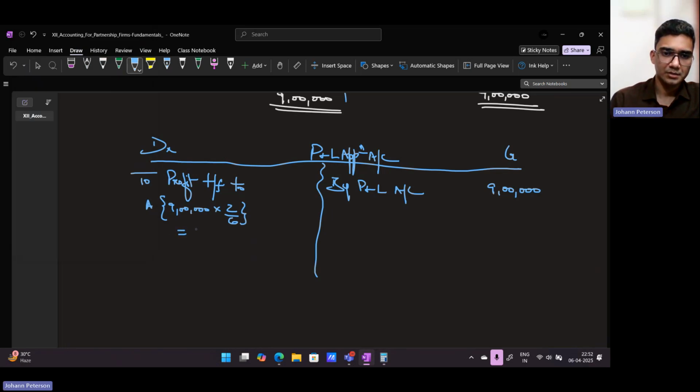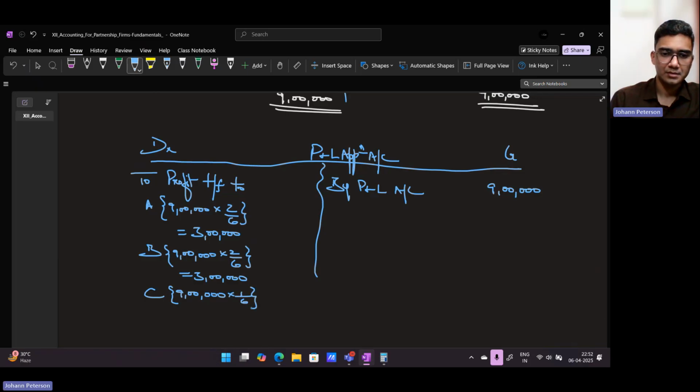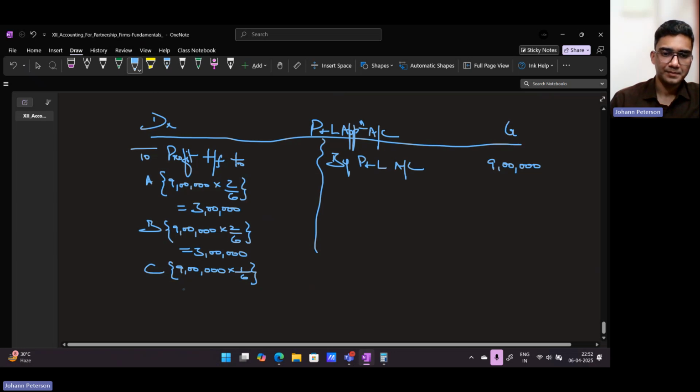Just as we wrote it in the adjustment table. So 3 lakh, B again 9 lakh into 2 upon 6, which was 3 lakh. C was getting 9 lakh into 1 upon 6, which is 150.